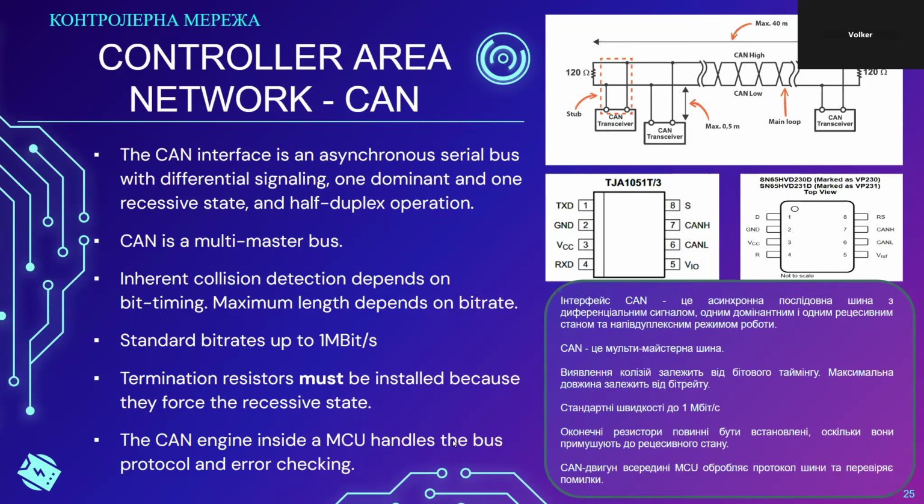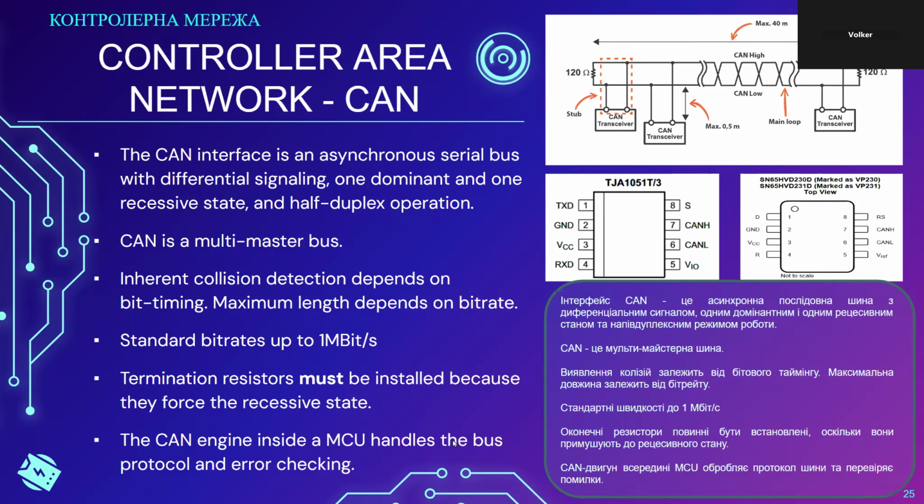The typical data rates are 500 kilobits per second, 1 megabit per second, 250 kilobits per second. It is not uncommon for a system to have two different CAN buses, one high speed and one low speed, in an automotive environment, for example.